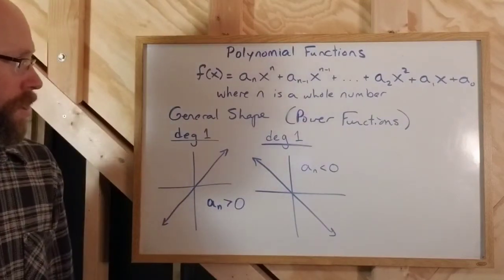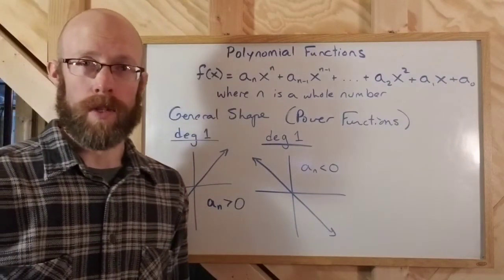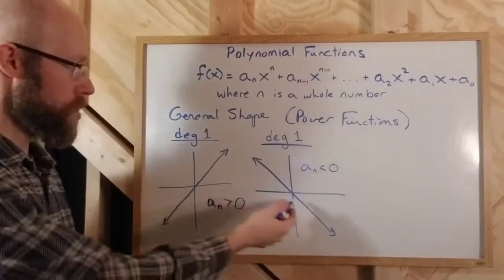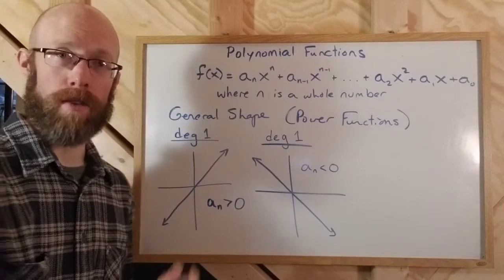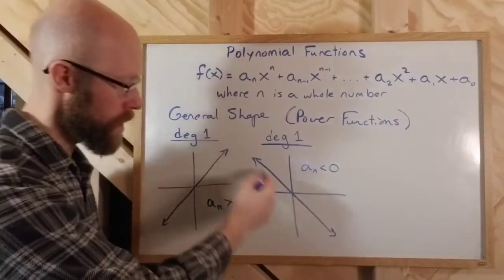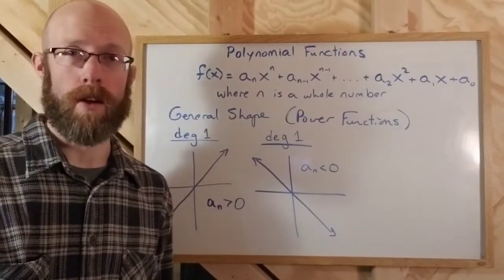What's going to be interesting is that with any odd power, you're going to have similar behavior in the graph: increasing for positive leading coefficients and decreasing for negative leading coefficients.